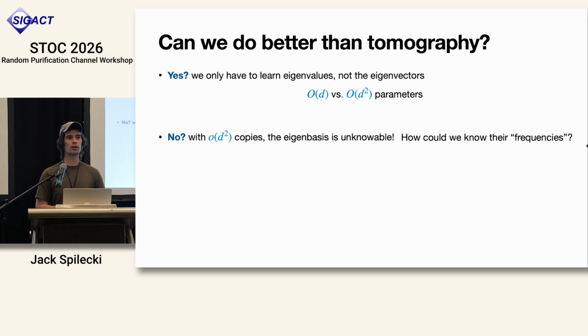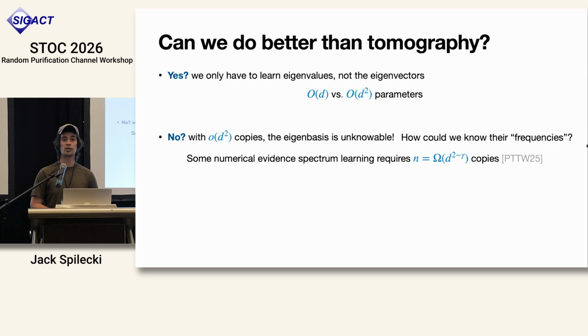And you might think, okay, I just want to measure these frequencies, but with less than d squared copies, you can't even know the eigenvectors themselves. So how could I learn the right frequencies that these eigenvectors appear in our state? And maybe also more concretely, there's some numerical evidence that suggests that you can't improve on d squared by a polynomial factor. Here, gamma is any constant.